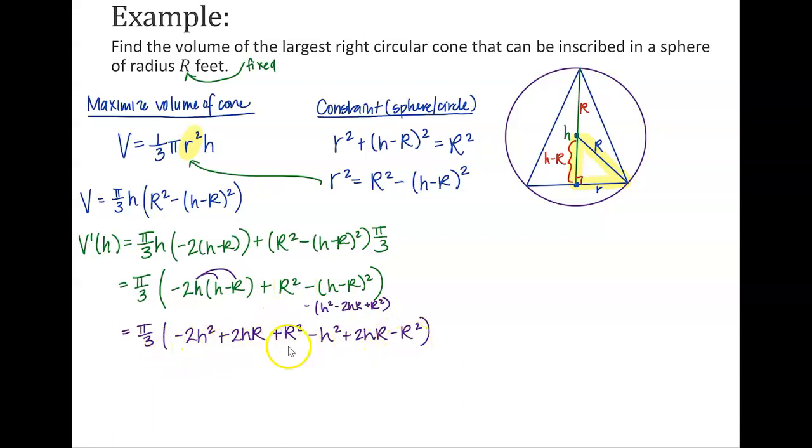Okay, so now that it's just a whole bunch of terms added or subtracted, our hope is that that leads us to canceling some stuff out, and it does. So R squared and minus R squared give us 0. And then we can combine some like terms. So -2h squared minus h squared is going to combine together.